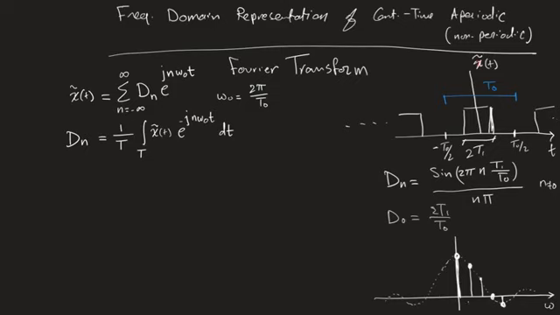And they occur at omega naught, 2 omega naught, 3 omega naught, 4 omega naught, and the same from the other side. So you will have very similar, like as if it's a mirror reflection, because this is a real value signal. Okay, so again, minus omega naught, minus 2 omega naught, minus 3 omega naught, minus 4 omega naught.